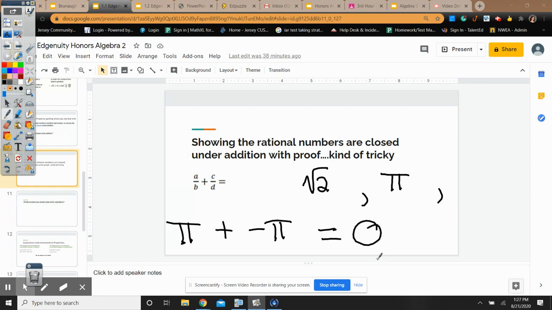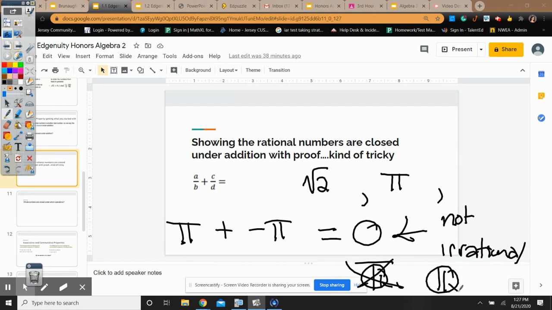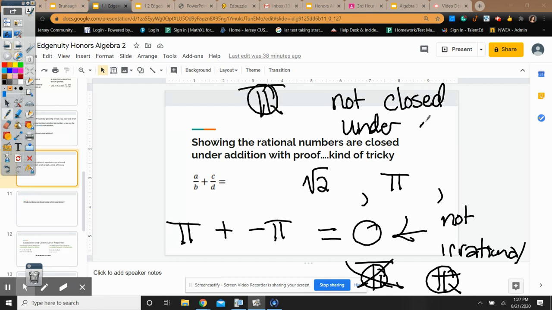I get 0. 0 is not irrational. 0 is a whole number. It's an integer. It's a rational number, 0 over 1. So it's not irrational. It's actually rational. So it is not closed.